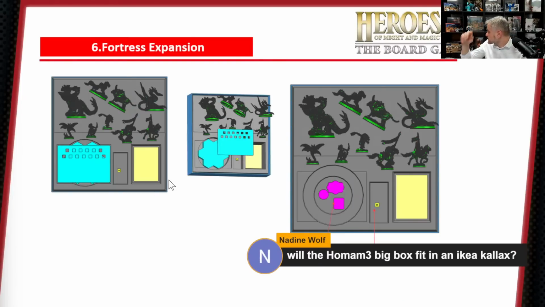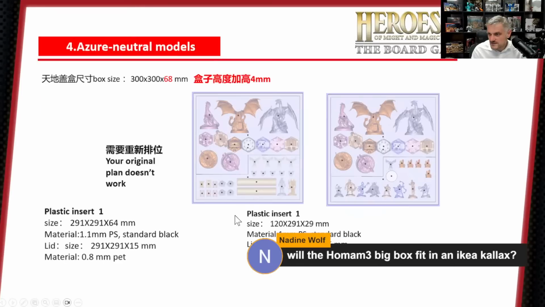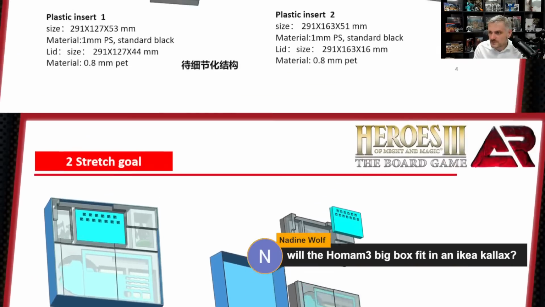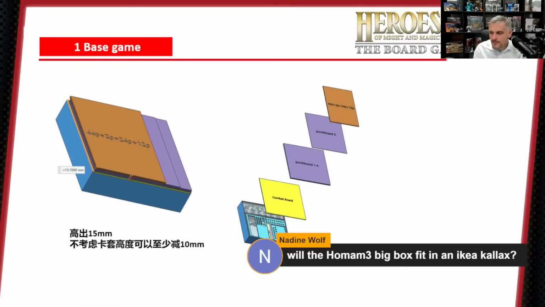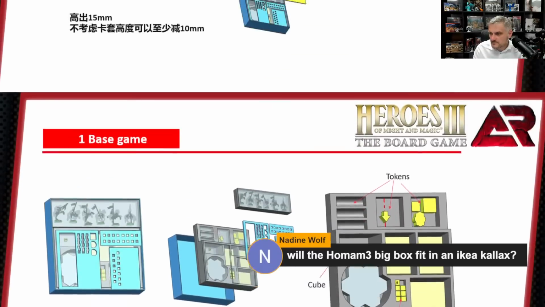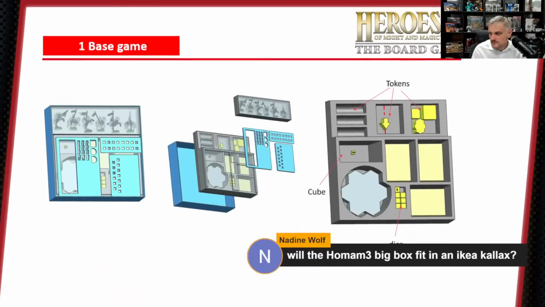This is the Kallax on the back. I'm using that one, so it needs to fit there. And if we go through the sizes, we can even check very quickly, because core box, the base game, where are the sizes? Hold on a second.